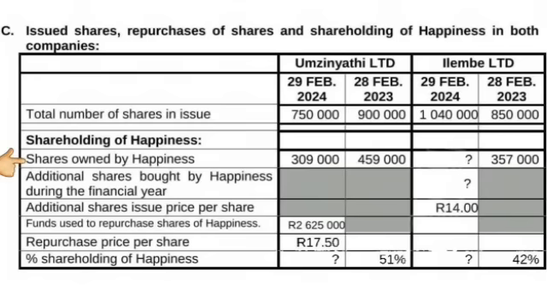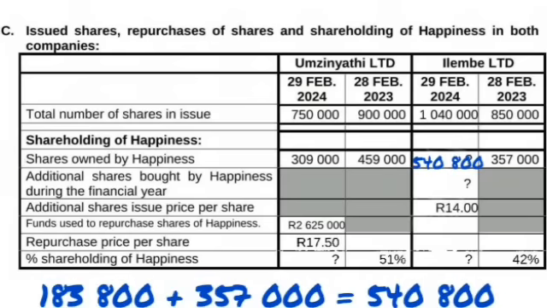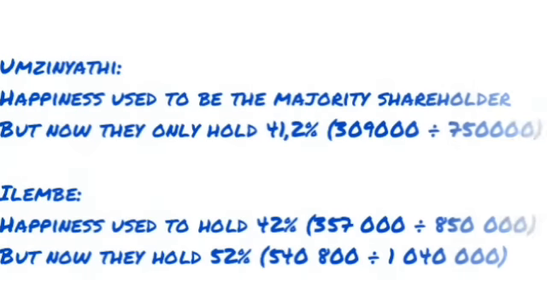Majority shareholding, we know, is 51%. That makes you the majority shareholder. When we look at the shares owned, we now know that she owns 309 in Umzinyati, and in Ilembe she owns 540,800. How did we get it? It is the 183 plus the amount for 2023, which is 357. That gives us the 540 that you see there.